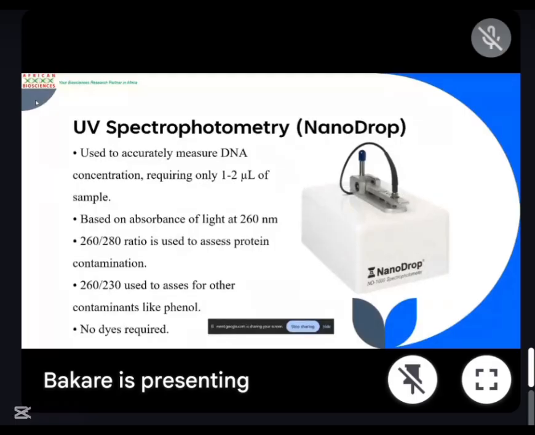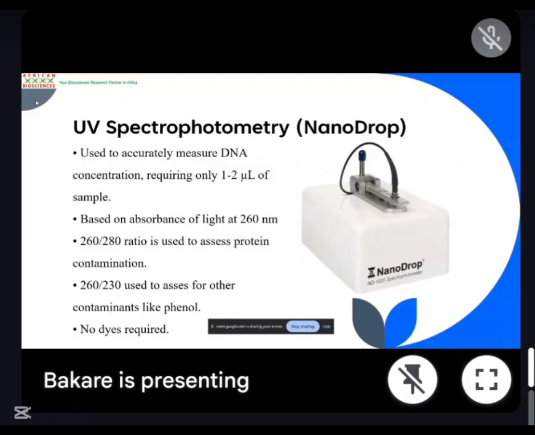So our 260/280 ratio is used to assess protein contamination. That is, your ratio of absorbance at 260 nm, that's the nucleic acid, to absorbance at 280 nm, that's your protein. That's your 260/280. The typical value for DNA is approximately 1.8 to 2.0.